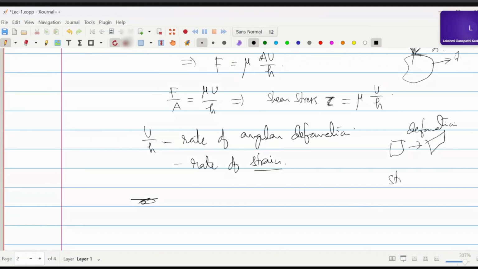So what does strain mean? Strain is basically the quantitative measure of deformation. Qualitatively you say it is deformed, but quantitatively you ask exactly what the amount is, what the change is when it goes to this type of deformation.